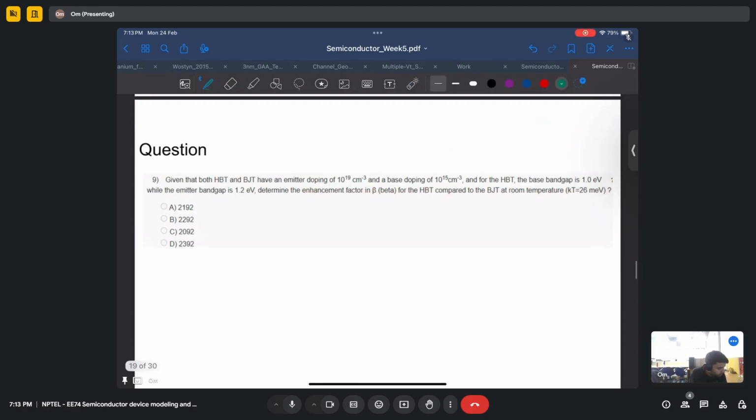So we know that beta of HBT by beta of BJT is e to the power delta Eg by kT. So this is e to the power of delta Eg, 0.2 electron volt, by kT, 0.026.